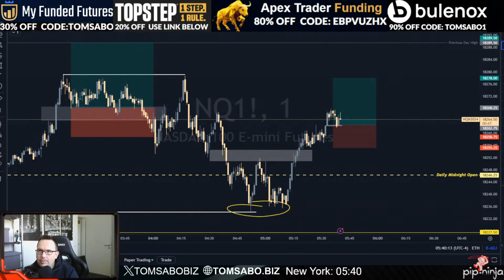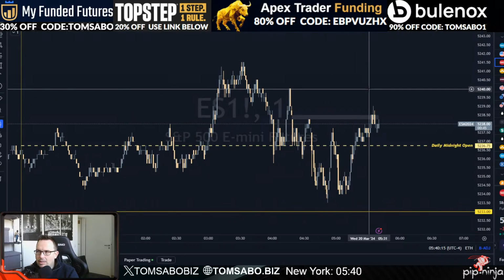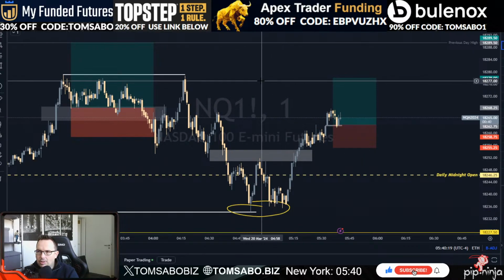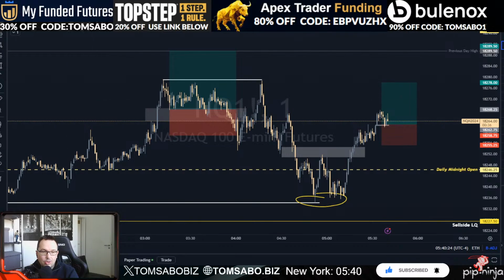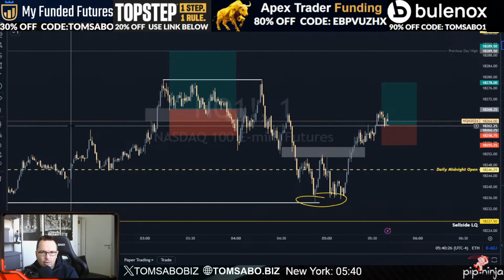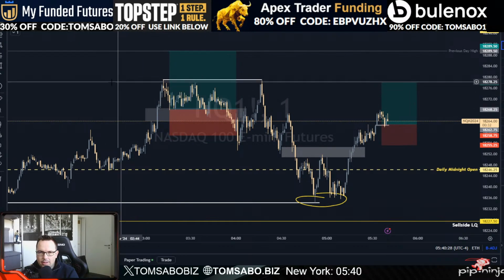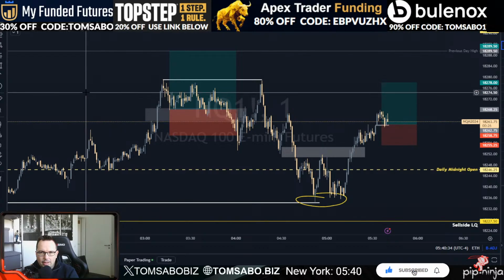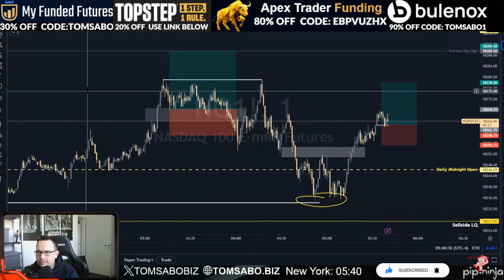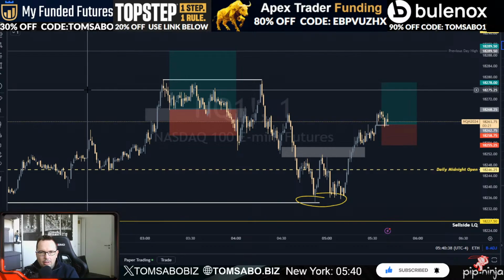Well, also depends on what ES wants to do. If ES wants to go 52.40, then this trade should be safe. But if not, look at this, it can just turn around and do all kind of crazy stuff. So that's why I said you should be only going in with small size and not do anything crazy.